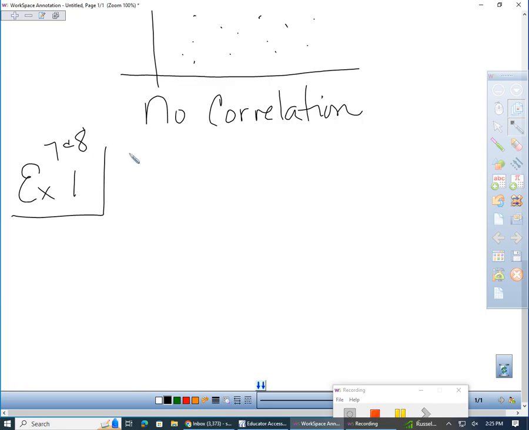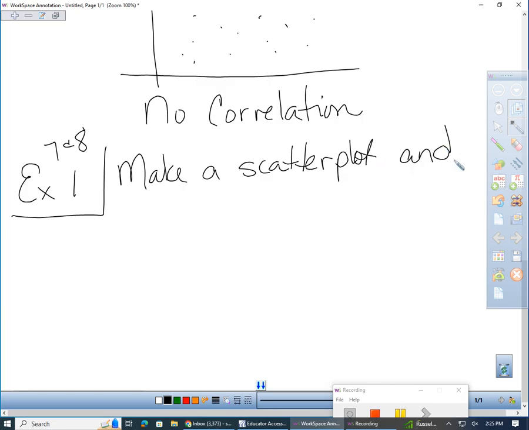All right, so 7 and 8, it says, make a scatter plot and state the correlation.